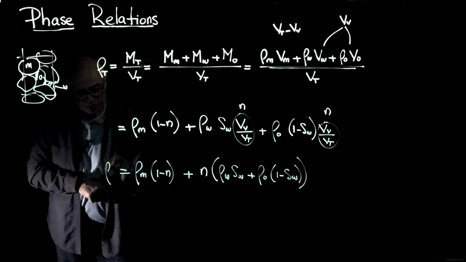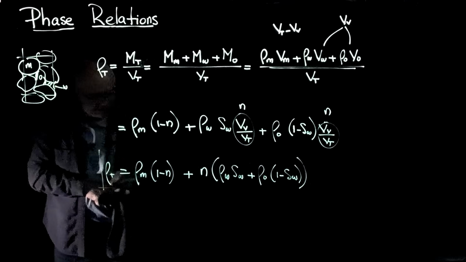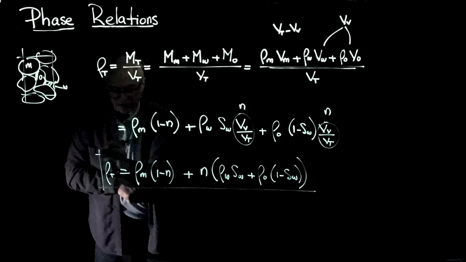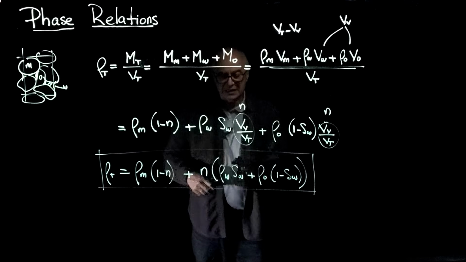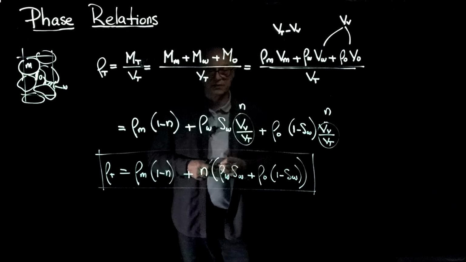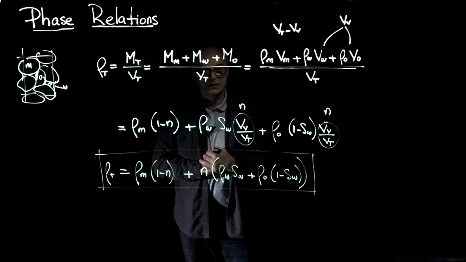This type of formulation indeed appears quite often when we're doing mixtures where the porosity and the degree of saturation of one of the phases in the pores are involved.